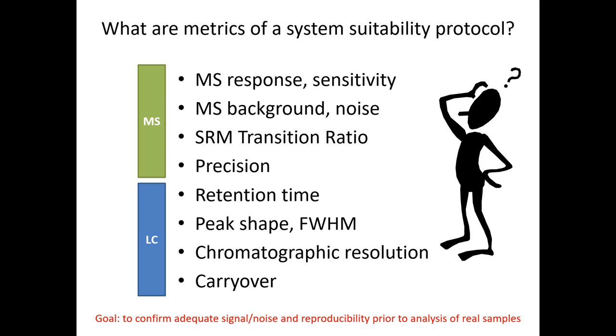Looking at the SRM transition ratio, this is something that, again, we know that peptide fragments very reproducibly in ion traps, in collision cells. And so if you see changes to that pattern and their intensities, then something could be happening.